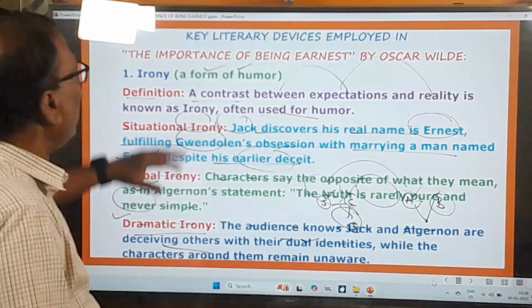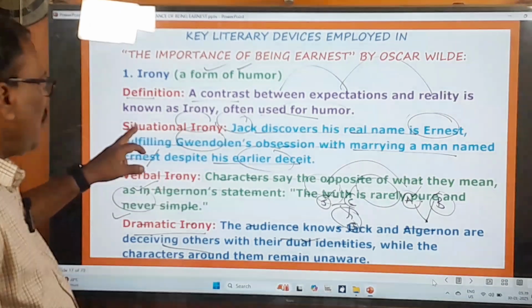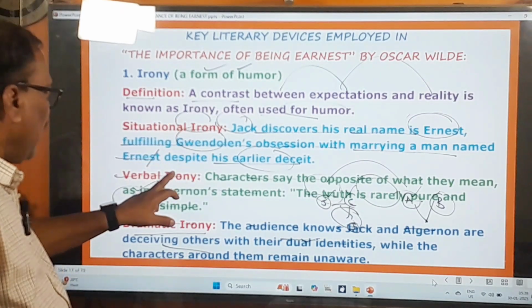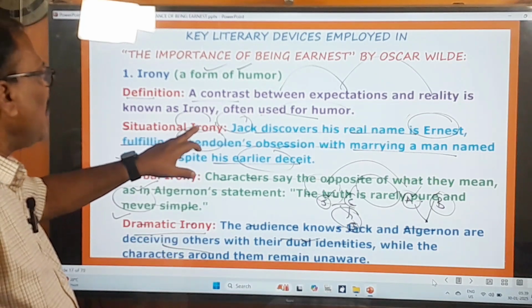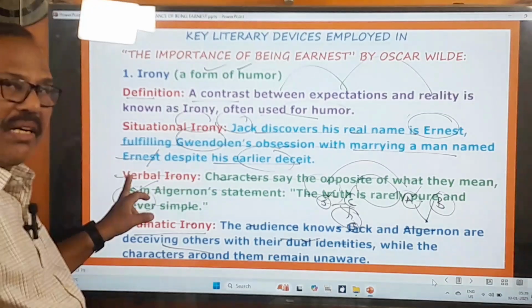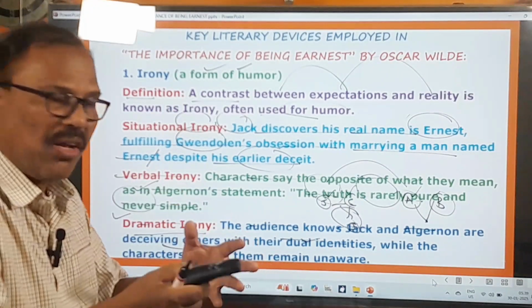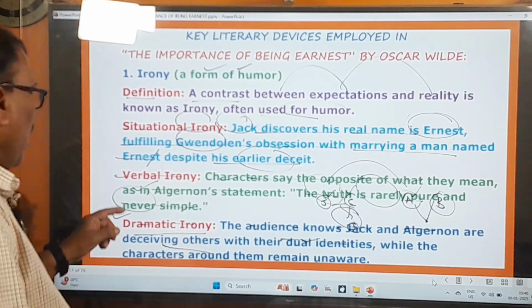So in this drama, there are three kinds of irony: situational irony, verbal irony, and dramatic irony. Situational irony is generated through a situation, and verbal irony is generated through words. See, this is a beautiful quotation: the truth is rarely pure and never simple.